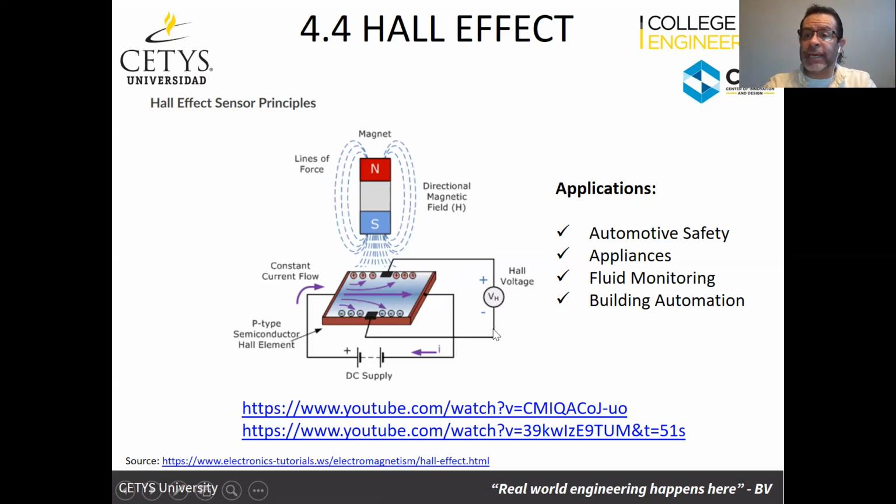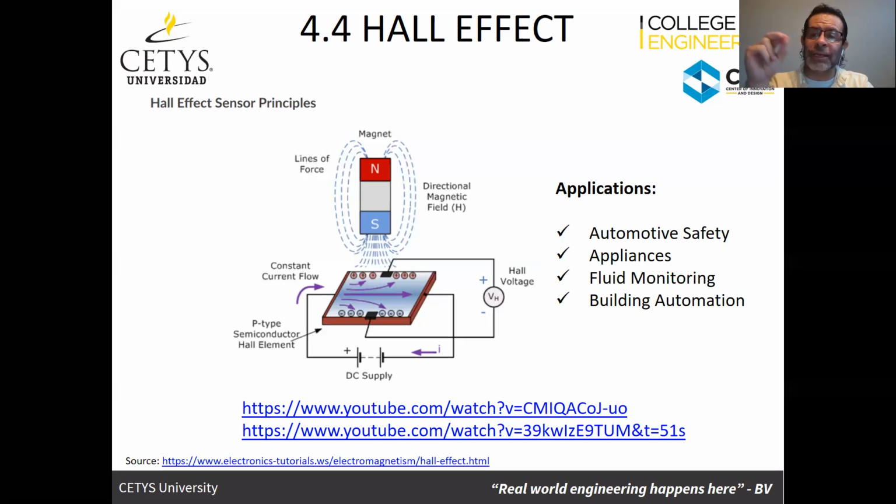That small signal that the Hall sensor detects is sent to other systems in the car to be able to deploy the airbags. Because with the airbags, you don't know in which part of the car the impact is going to come.